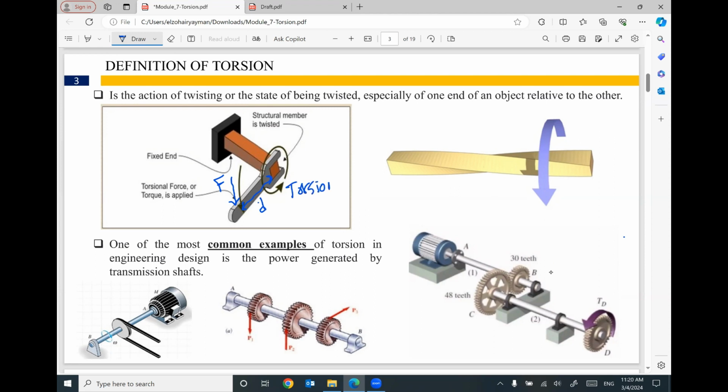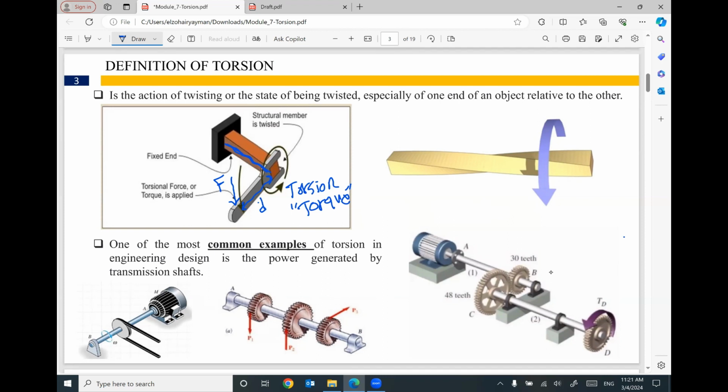In a different meaning, it's called torque. So the torsion or the torque is force times distance. It's a moment, but this moment is rotating about the longitudinal axis of the member. This is the longitudinal axis.